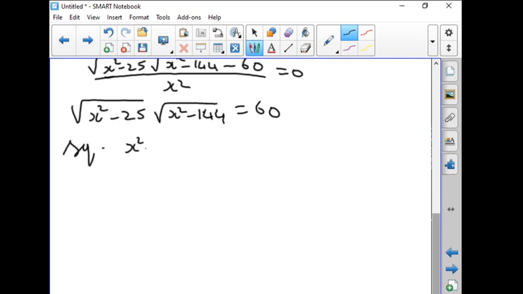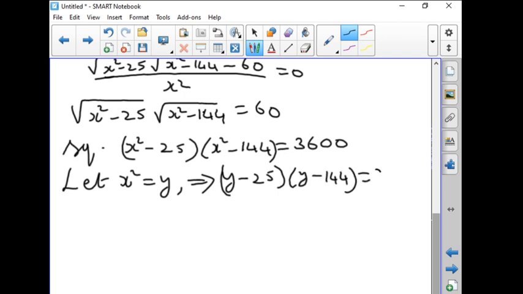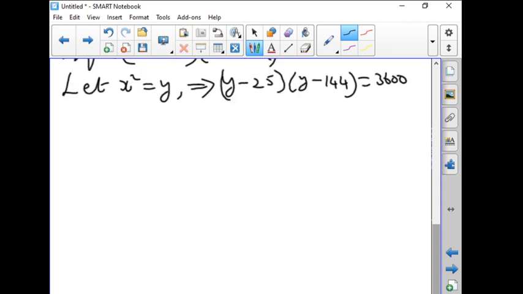Squaring, we get x square minus 25 into x square minus 144 is equal to 60 square, which is 3600. Now let x square is equal to y. Therefore this becomes y minus 25 into y minus 144 is equal to 3600.